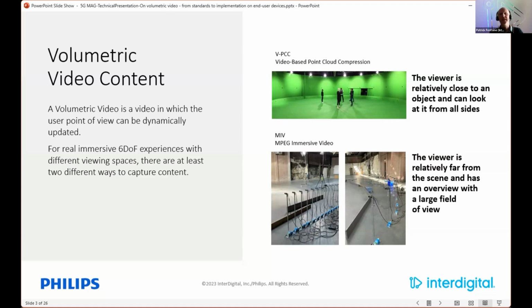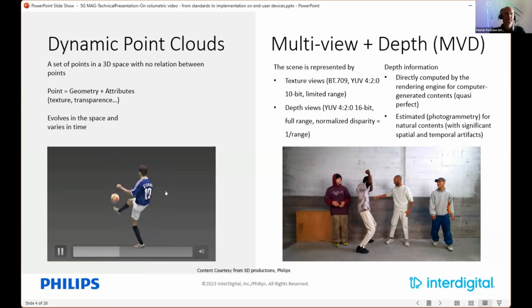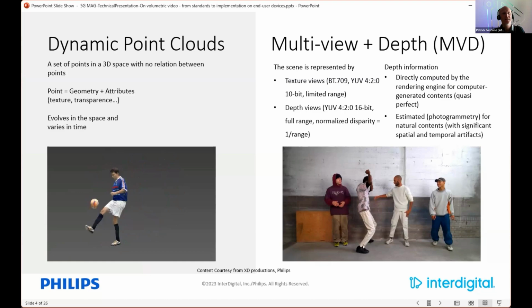But in the end, you also get different information on the background. Here is an example of this kind of resulting video. On the bottom left here you have a video, and you can turn around the person from the end user devices.